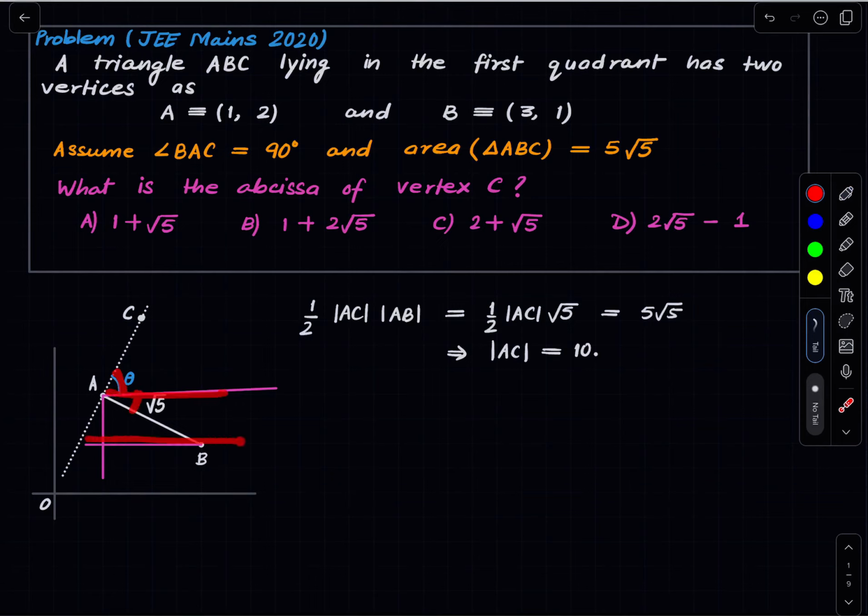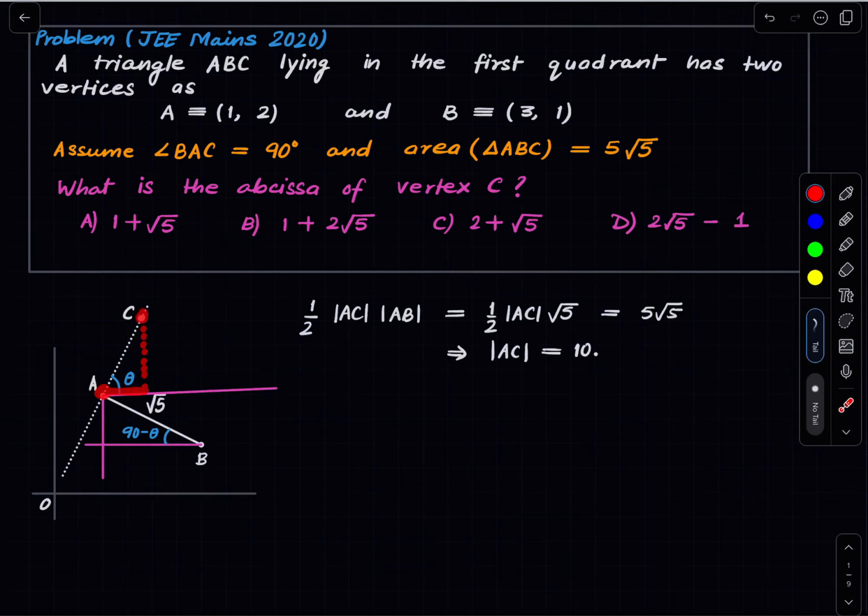And since these two lines are parallel, this is also 90 minus theta. Okay. And now, what is the abscissa of C? You drop this perpendicular and record this length and add the abscissa of A to it, right? That will be the abscissa of C.